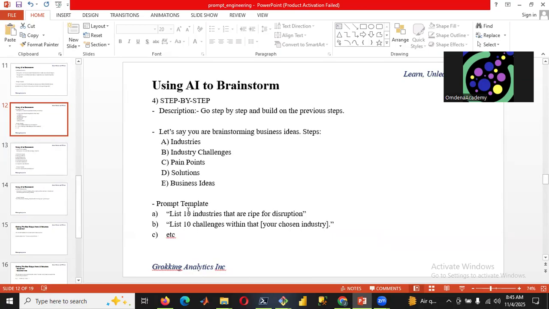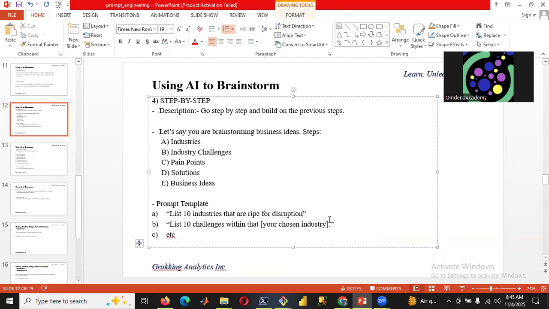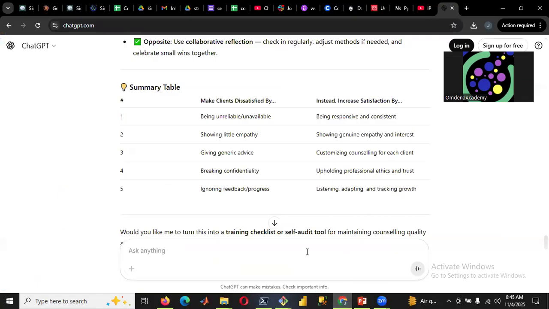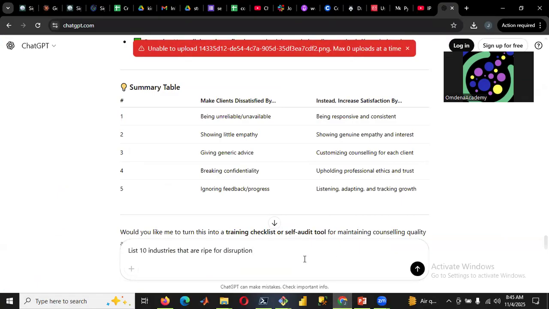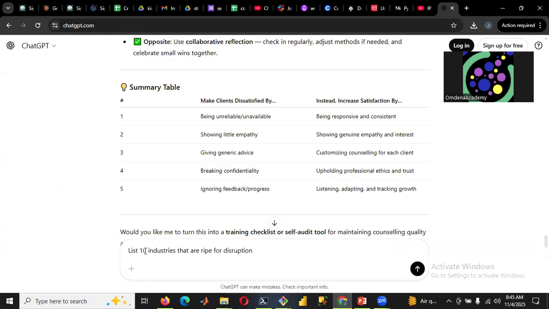So for instance, you have a list of industries that are ripe for disruption. I'll just say list 3. You start with this, and then you follow through the steps. It's not that you be entering random prompts.